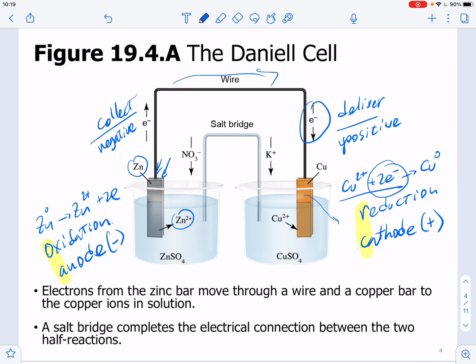So I want you to remember that those are vowels and these are consonants, so that you can relate properly what reaction happens in what electrode. Okay, and usually the anode is in the left side and the cathode in the right side. So let's put that as well, left and right.